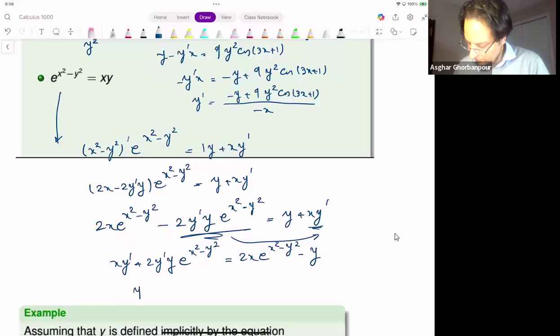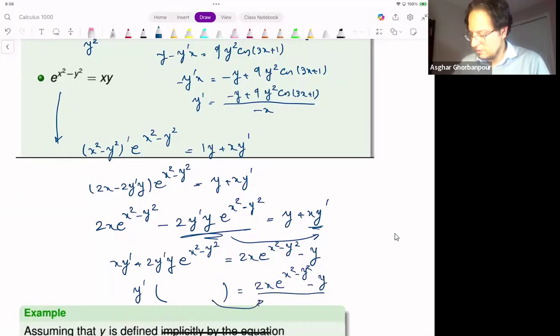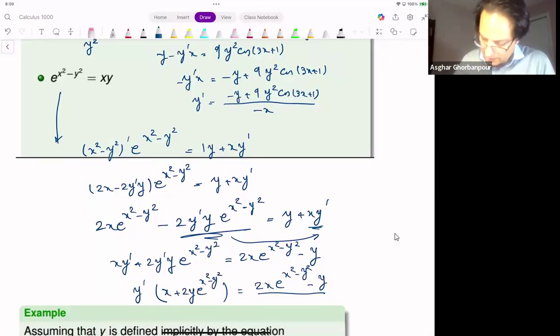Now, if I factor out y prime, then I can divide this to the other side. And that is y. Well, let me not rush. I know that this is the end. I will get this one done and then use the technology for this. I'll go like that.